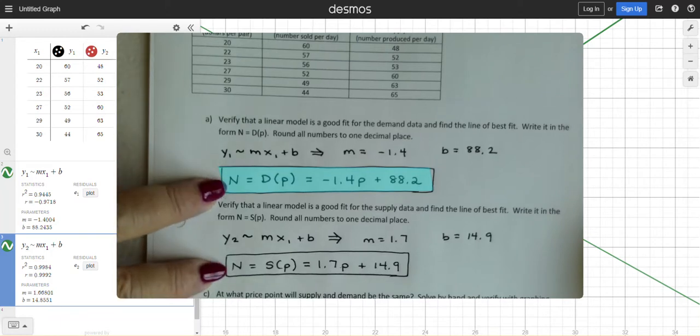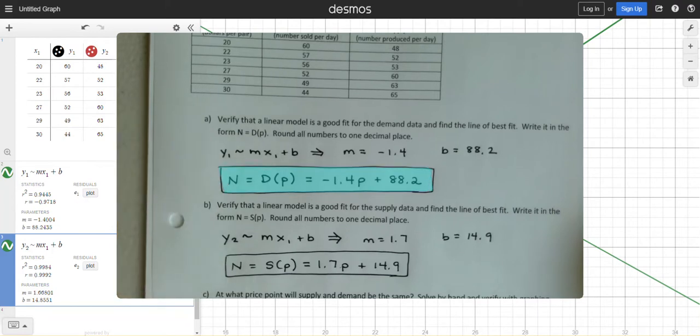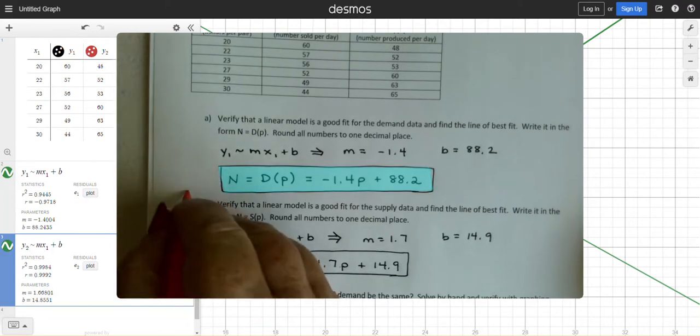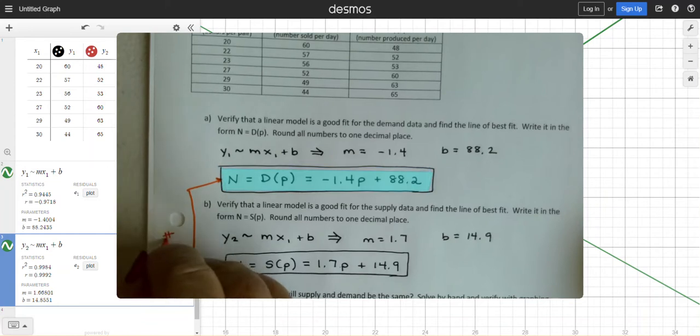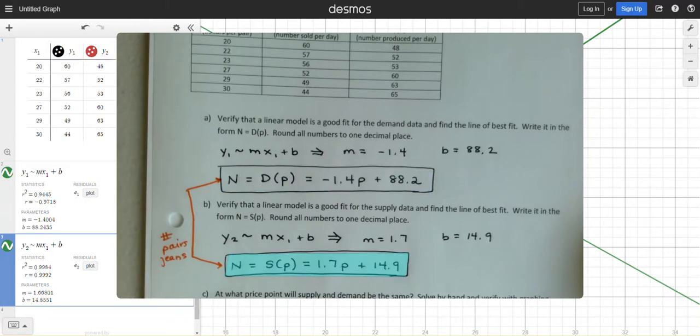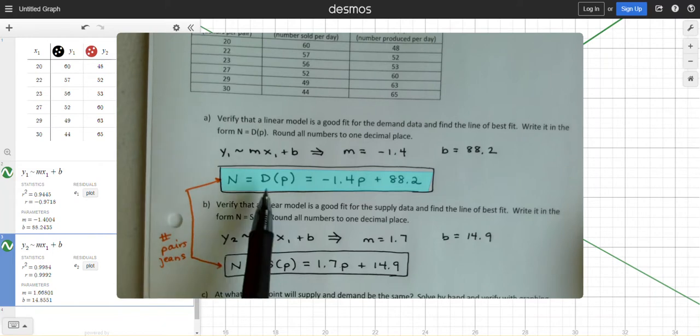I used N for both of these because both of these refer to the number of pairs of jeans, right? So it kind of made sense to use the same letter for both of them. But to emphasize the fact that I had different functions, I named my functions differently. D of P for the demand equation and S of P for the supply equation.